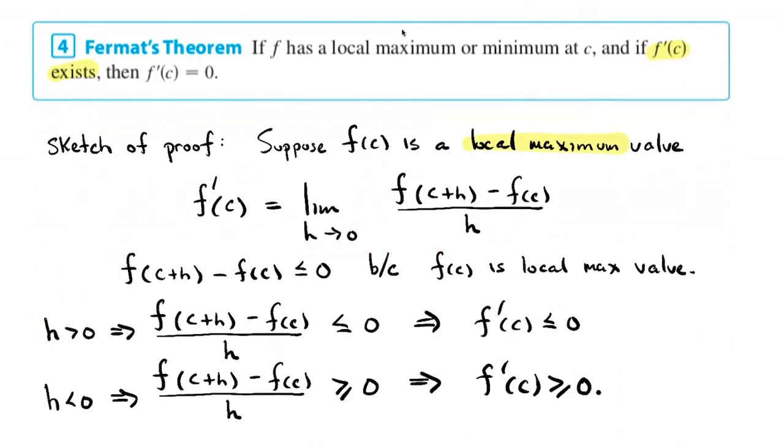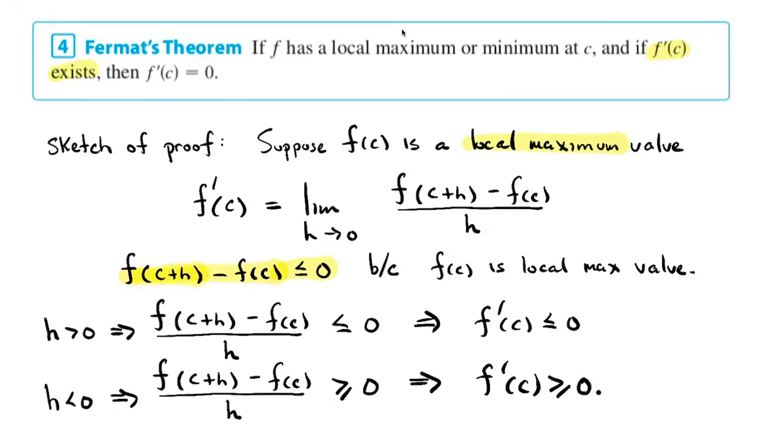What I want to emphasize is that if f of c is a local maximum value, then f of c plus h has to be less than or equal to it. So if you subtract f of c plus h minus f of c in that order, you have to get something that's less than or equal to 0. That's because this number is guaranteed to be greater than or equal to this one. And when you subtract a bigger quantity from a smaller quantity, you can't get a positive number.